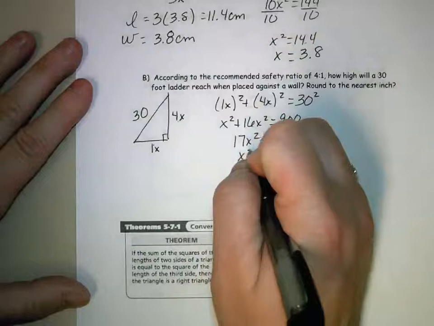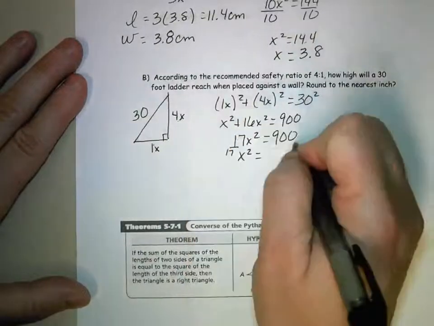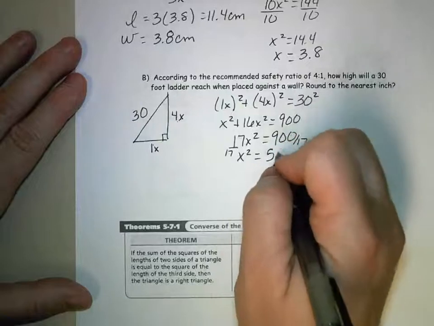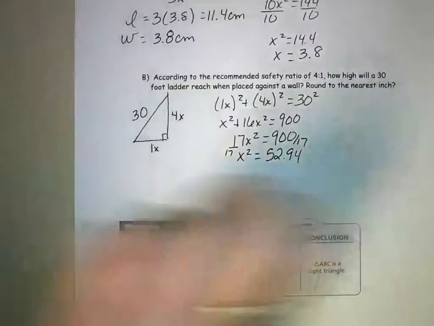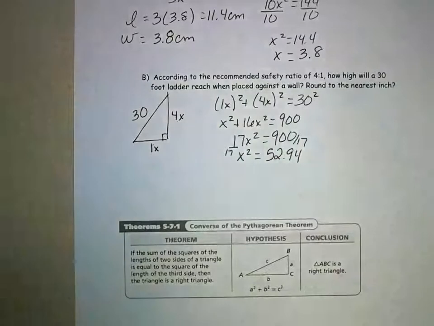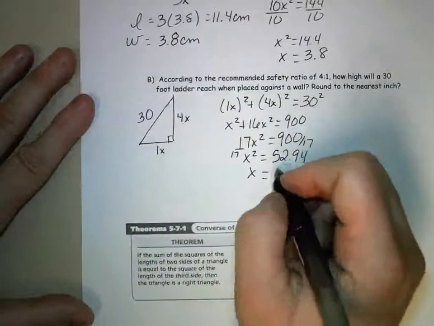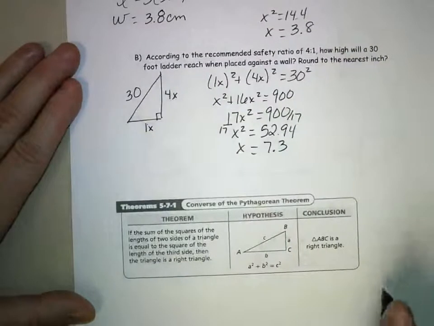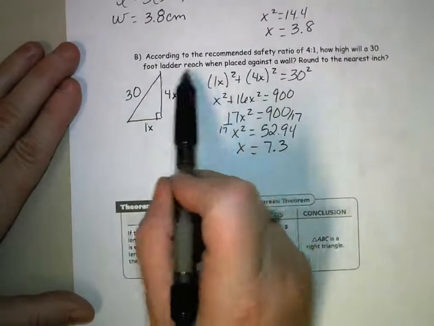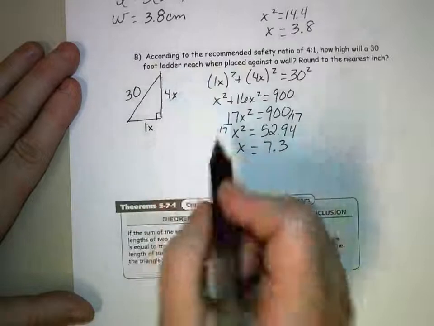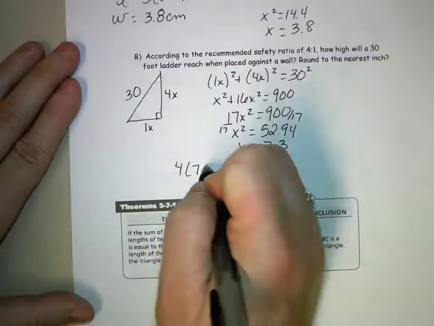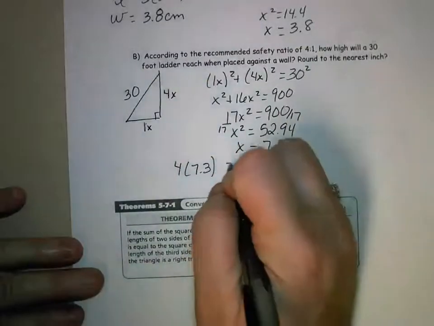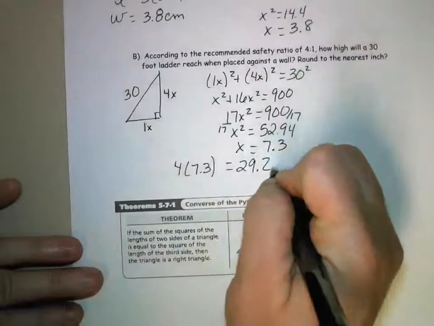So dividing both sides by 17, x squared equals 52.94. And when you square root that, I'm going to say x is 7.3. And then the question is how high is the ladder up the wall? So you would do 4 times 7.3. And the ladder would be 29.2 feet up the wall.